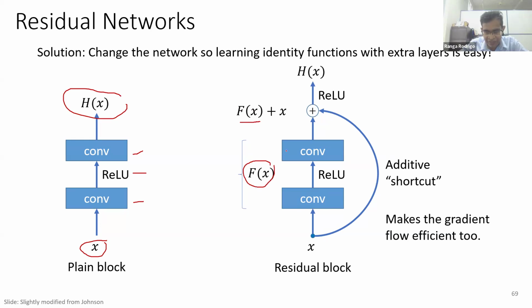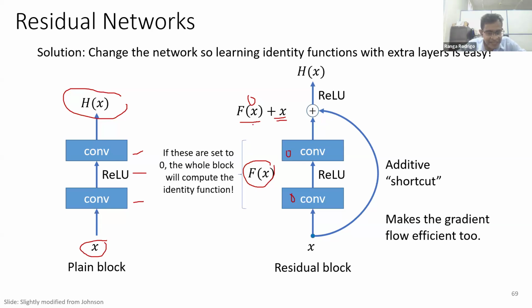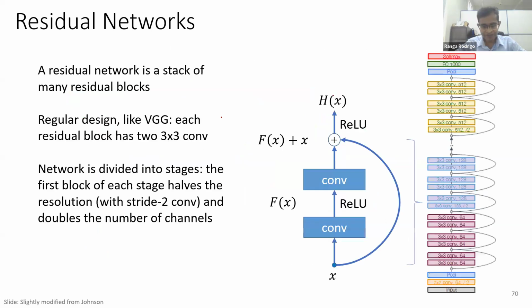So if you set all these to 0, that means this one to 0, your network is just producing the identity function. Your layer is just producing the identity function. So this is called the additive shortcut. Also the gradient backpropagation is efficient because it is not going through layers. If these are set to 0, the whole block will compute the identity function. I hope that is clear to you.